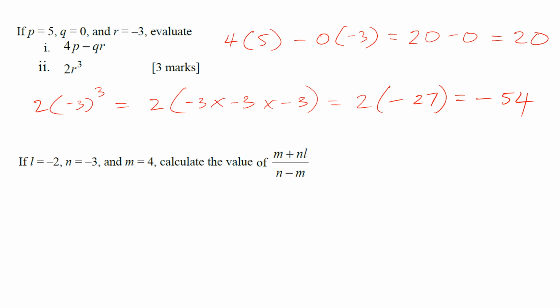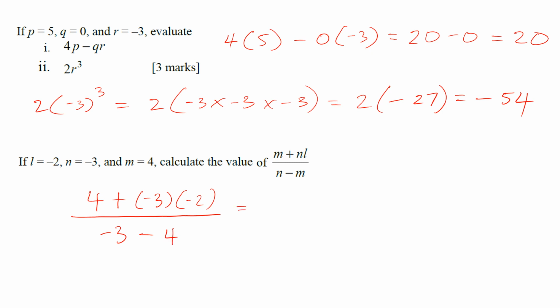Now we have L is equal to negative 2, N is equal to negative 3, and M is equal to 4. Now the expression that we need to calculate the value of is M plus NL all over N minus M. So let's substitute. It says M first, which is 4, plus N, which is negative 3, so I'll put that in parentheses, times L, which is negative 2, and that should be all over N, which is negative 3, minus 4.